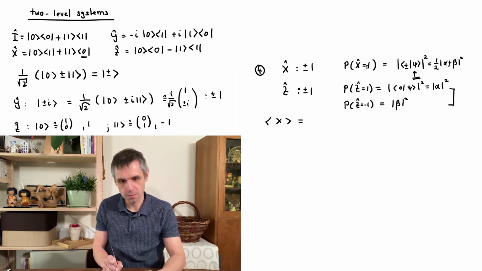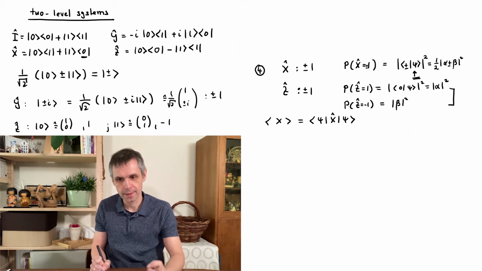So in particular we can work out expectation values of x using the probabilities, or just using this expression here. And in both cases this just comes out as 2 times the real part of alpha complex conjugate times beta.